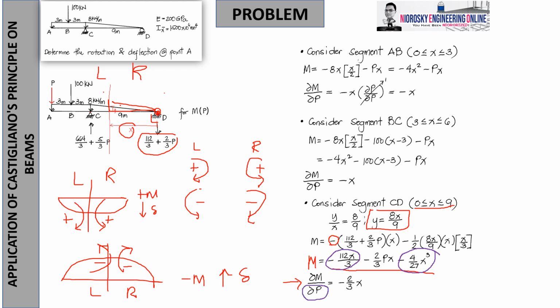So therefore, it only recognizes that p is our independent variable. So p will be considered the variable for partial differentiation. So therefore, negative 2/3 times x will be a constant, okay? And then partial derivative of P with respect to P is 1. So that's why the partial derivative of M with respect to P is negative 2/3 of x as we obtained here.